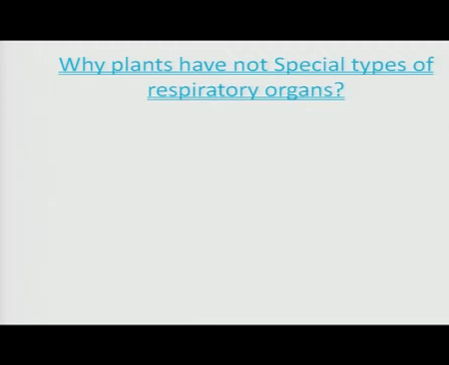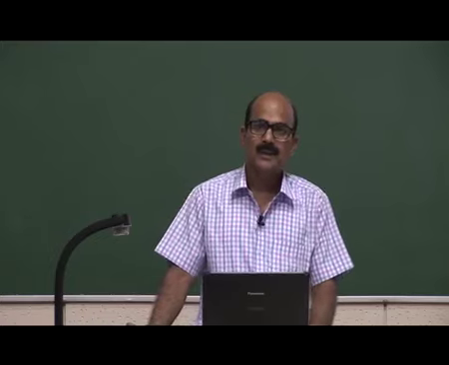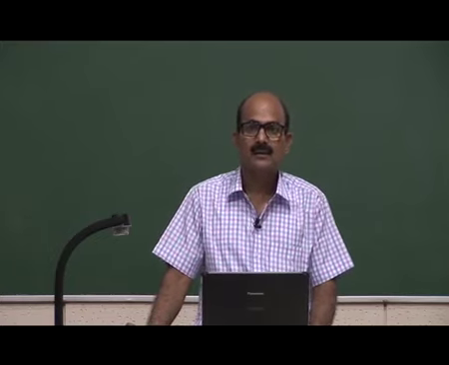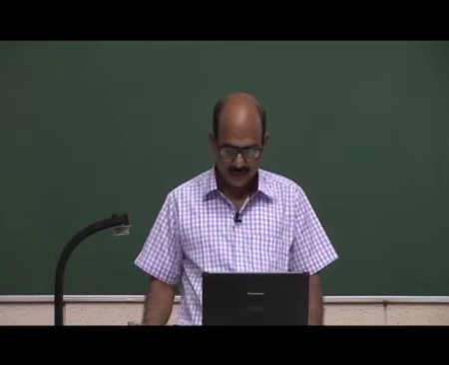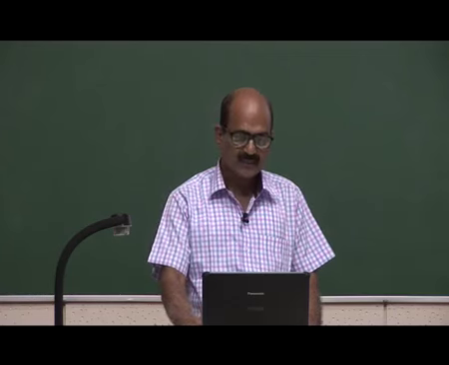Now, why do plants not have a special type of respiratory organ? In the case of animals, there are special types of respiratory organs. In lower animals, there are tracheas and book lungs. In human beings, there are lungs. Various types of respiratory organs are present in different types of animals.